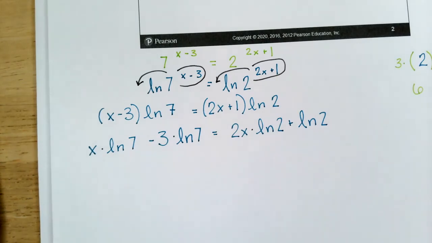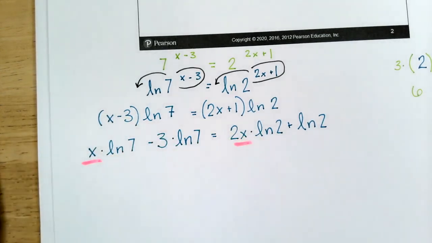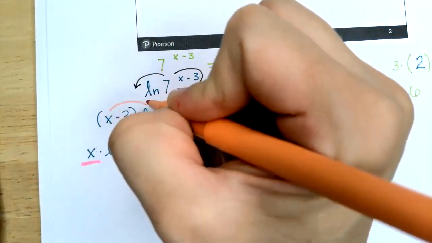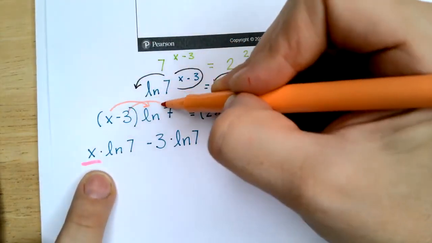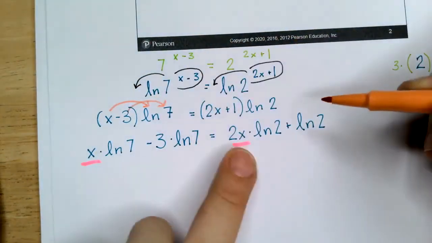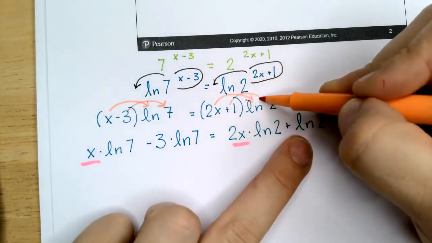Okay? And I'm solving for x. The thing I'm solving for is x. What I just did in that step was to distribute. That one's here. That one's here. That one's here. That one's here.